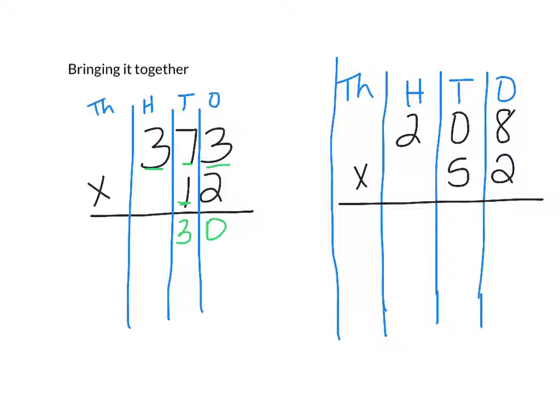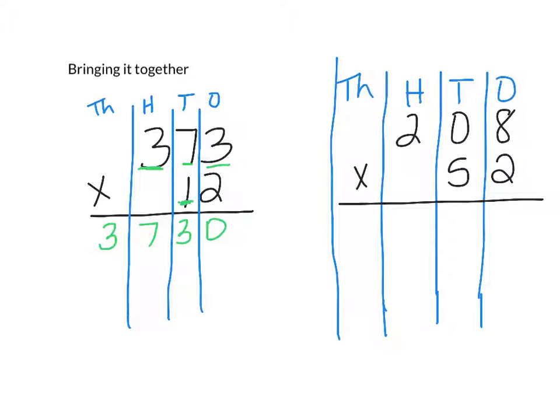And then I have 10 times 7, or 10 times 70, which is 700. So I have my 7 in the hundreds column. And I know that 700 plus 30 would be 730. And then I'm going to do 10 times 300, which is 3,000. So 10 times 370 is 3,730.